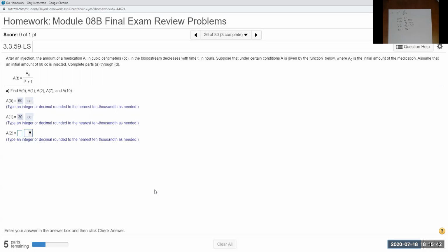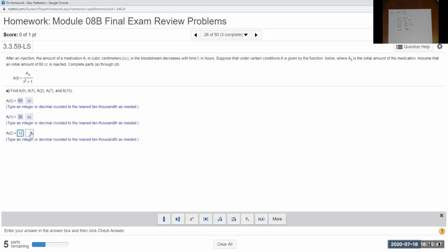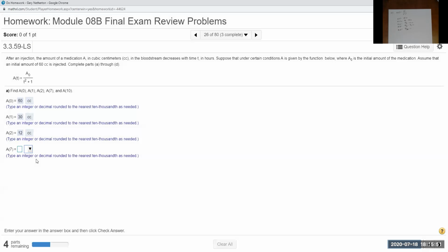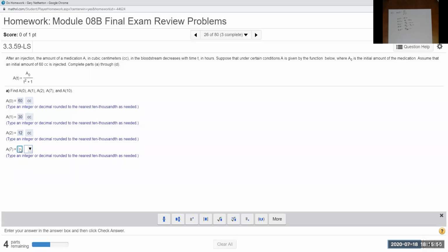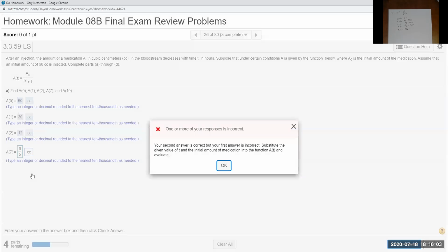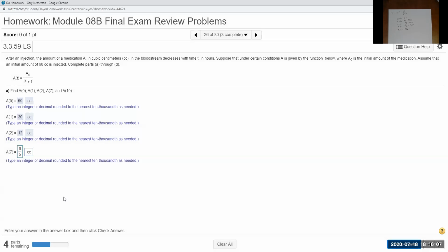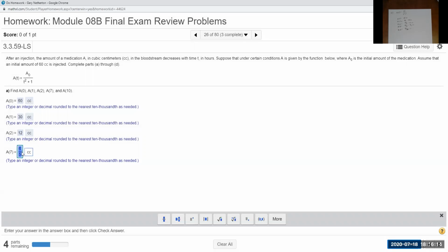And then at 2, it's 12 cc's. And at 7, it's 6/5. They want it as a decimal. Actually, this is 1.2. I think I can do that in my head.